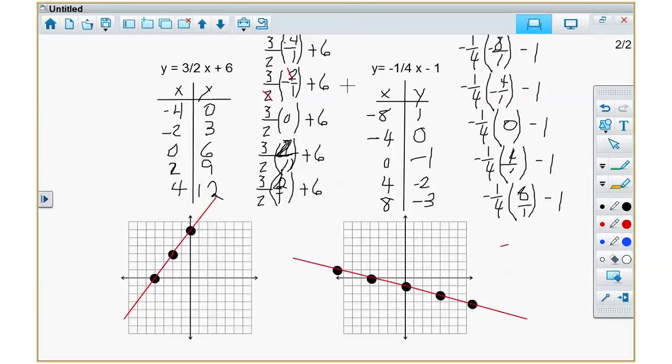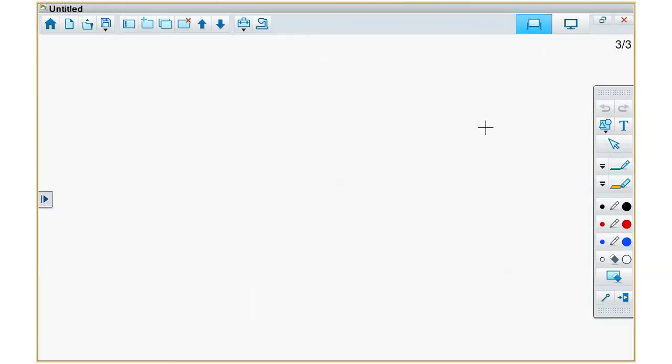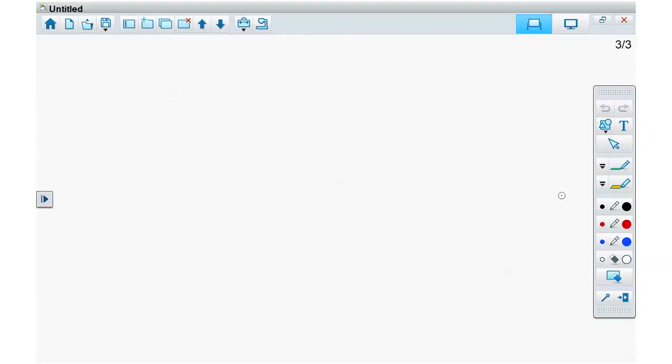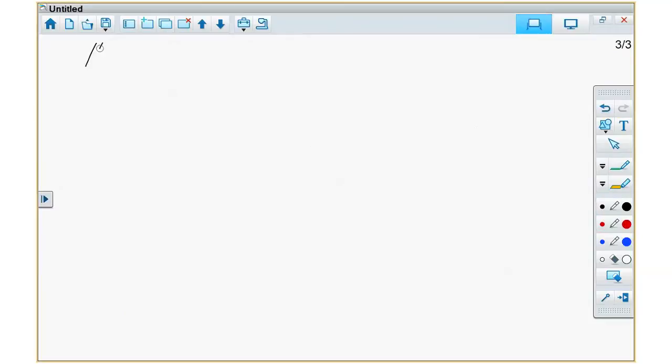Now the second method of graphing, you need to turn to your book, your handout that I gave you. The second method of graphing is called the intercept method.